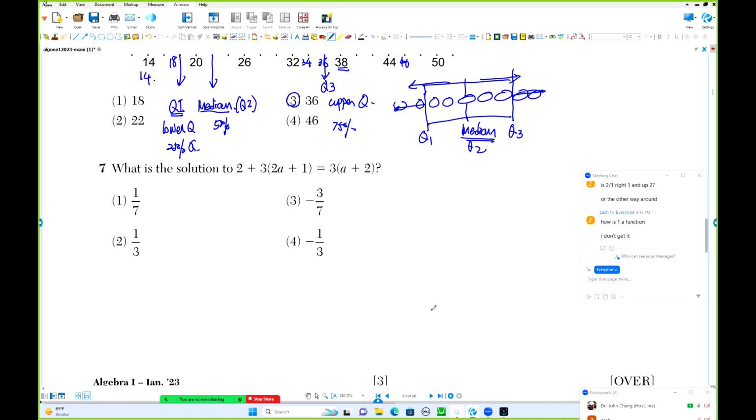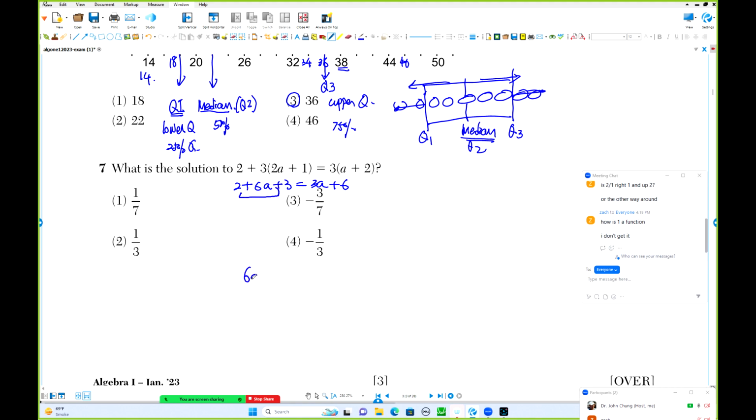Number 7. What is the solution? This is an algebra equation. You're going to find the value of A that satisfies the equation. This is a very easy one, right? You can see A is first degree, so we need separation. 2 plus 6A plus 3 equals 3A plus 6.